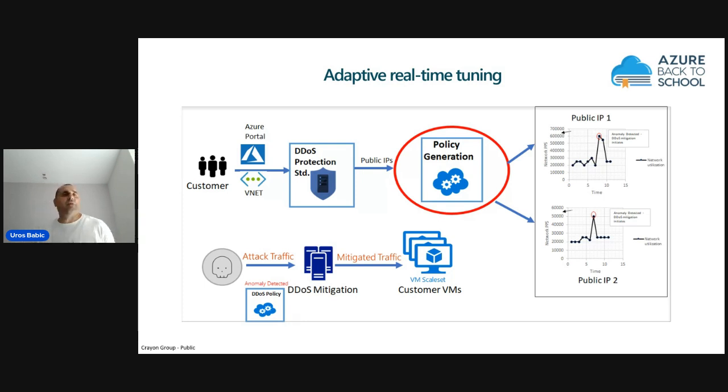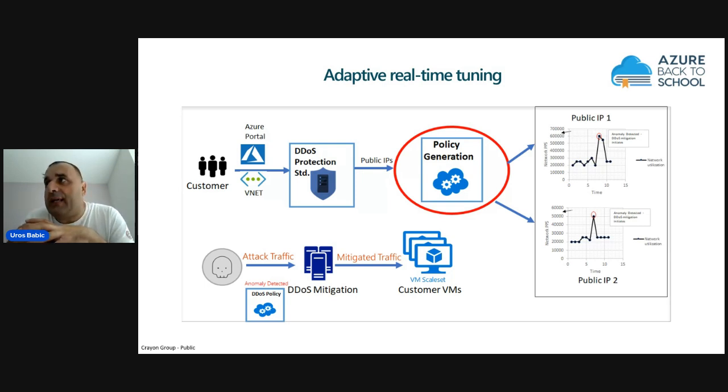But the complexity of attack is actually how we understand adaptive real-time tuning, multi-vector DDoS attacks, and application-specific behaviors of tenants per customer. And I can define automatic learning per customer for my traffic pattern for my layer 3 and 4, for example.